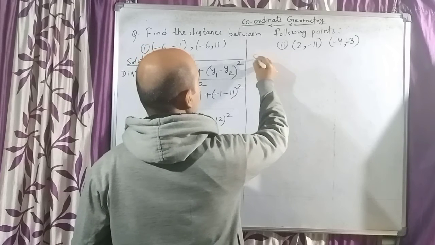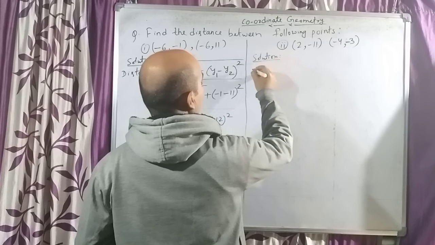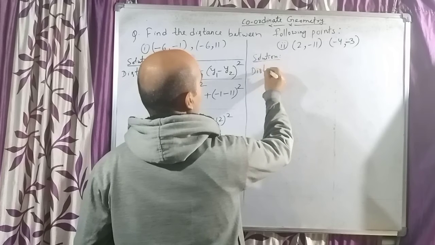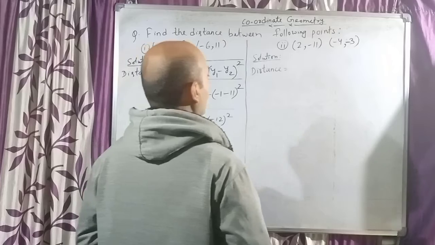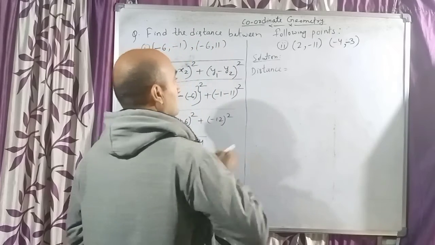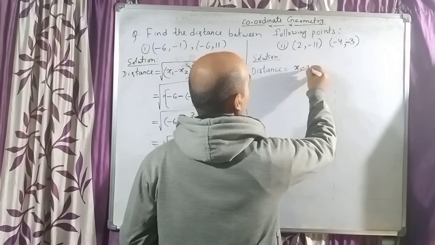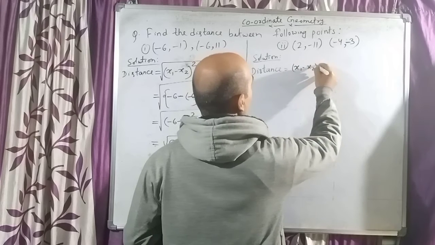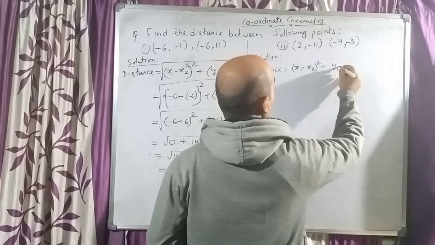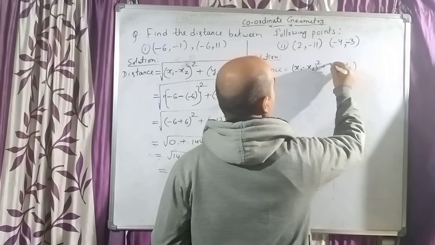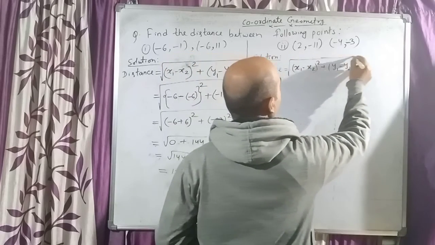Solution, again distance formula, distance equal to, you can write same way, x1 minus x2 whole square plus y1 minus y2 whole square and root over.